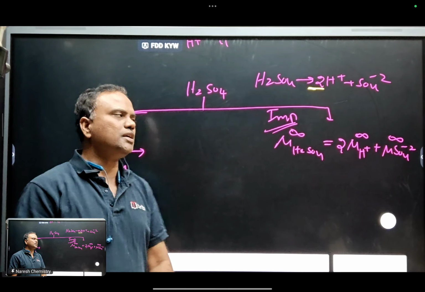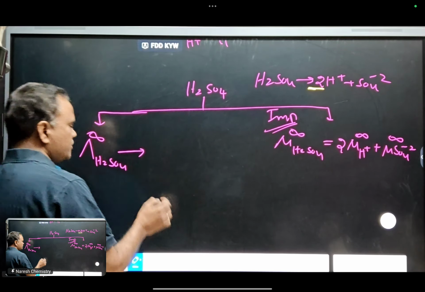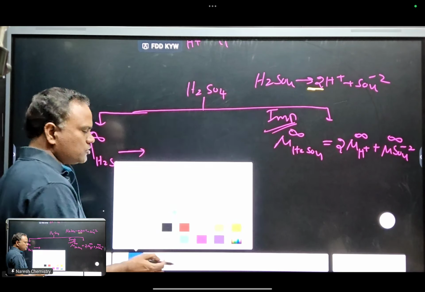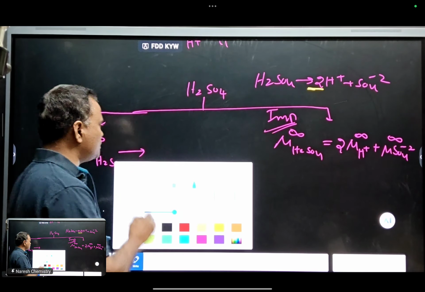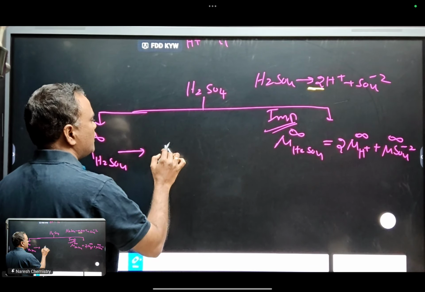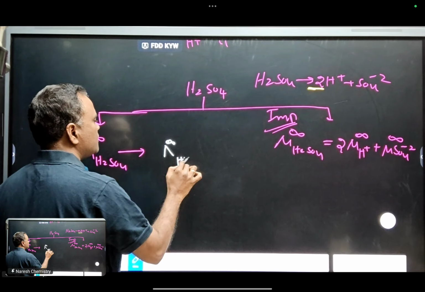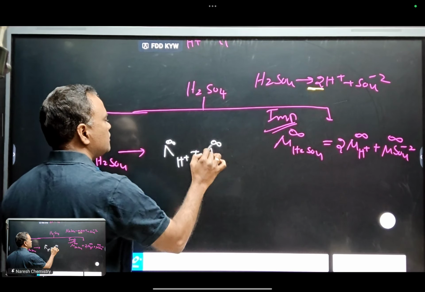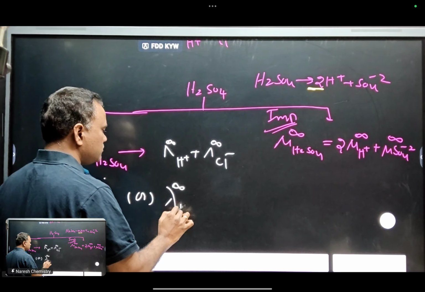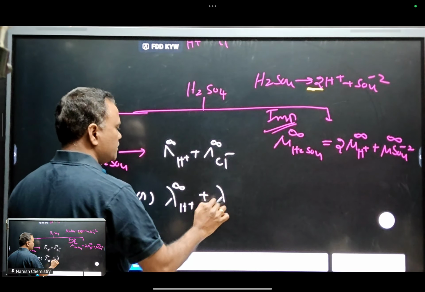While writing equivalent conductance, don't consider the coefficients. Gram equivalents in the stoichiometry, we do not consider coefficients. Here, directly write lambda infinity H plus ion plus lambda infinity Cl minus ions. Or you can take small lambda also, SO4 2 minus.